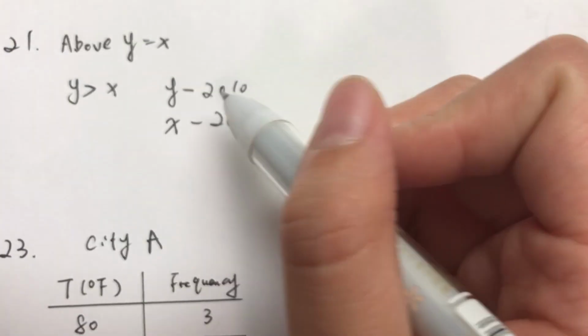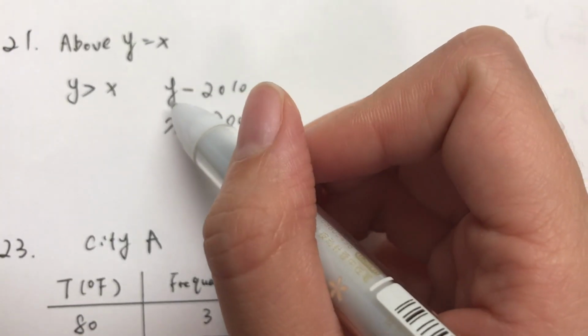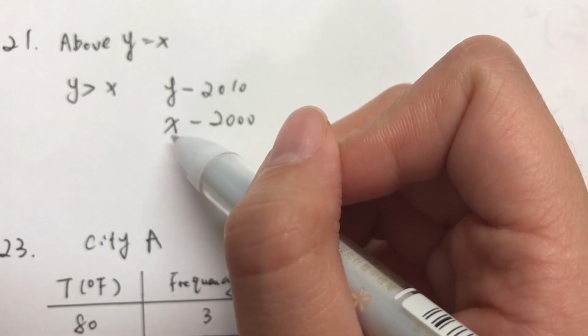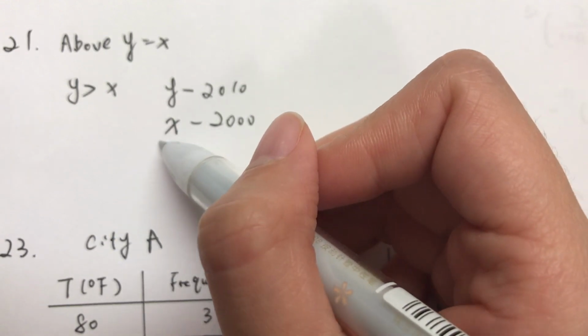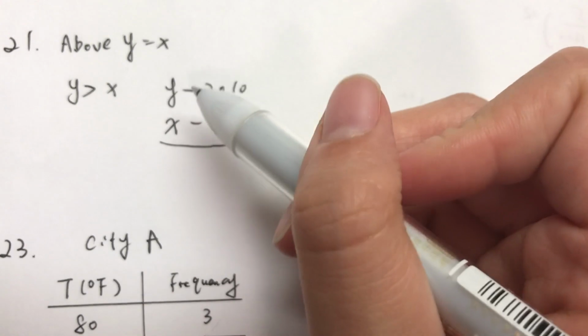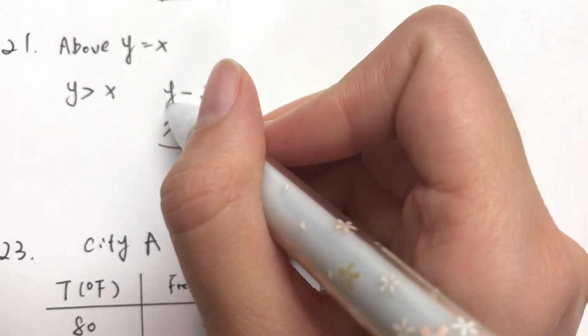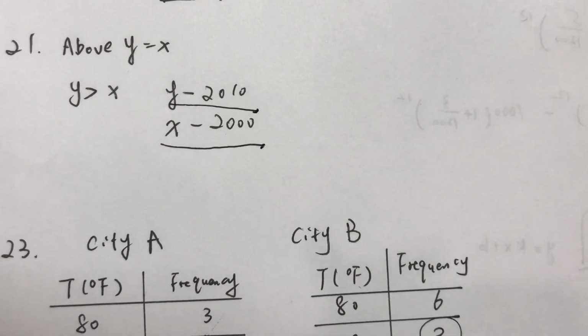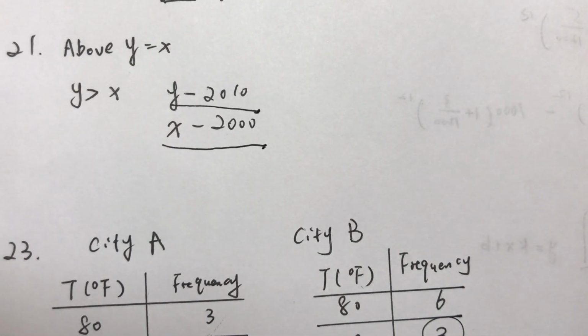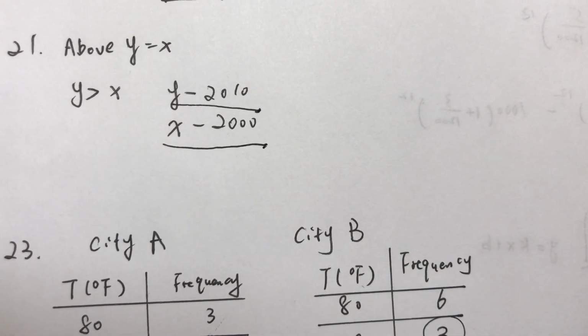From the question, we know that the x-axis is the data for 2000, and the y-axis is the data for 2010. This is a graph question, so we need to find some information from the graph.